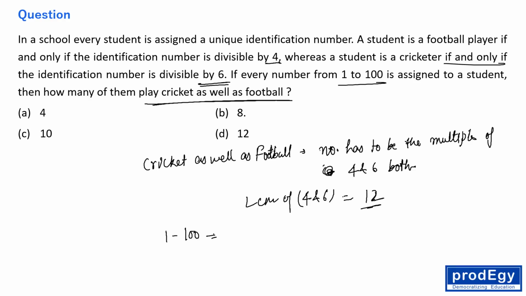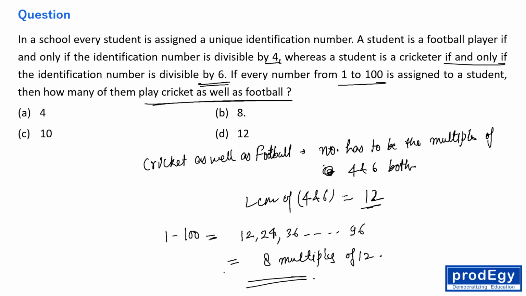So from 1 to 100, how many multiples of 12 are there? So 12 into 1 up to 12 into 8. So 12, 24, 36, and so on, up to 96. So there are a total of 8 multiples of 12. So the answer is 8. 8 players are there who are cricket as well as football players.